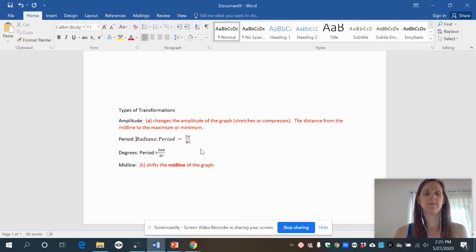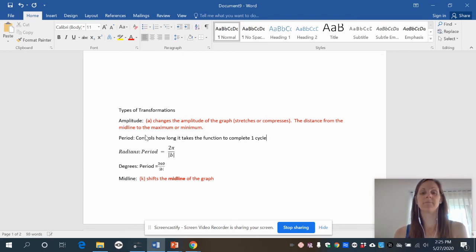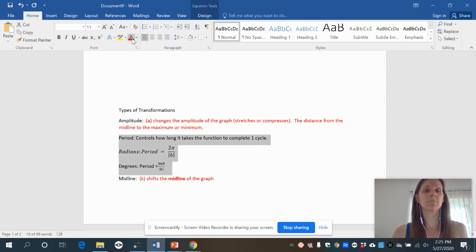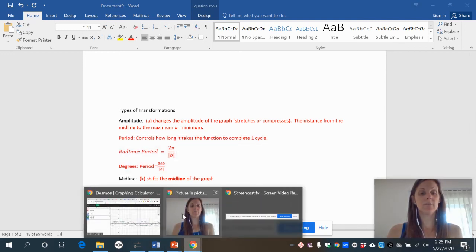Period controls how long it takes the function to complete one cycle. Okay. So I'm going to take this, put it in red. Great. Okay, I think that's pretty much all that I have left for you right now.